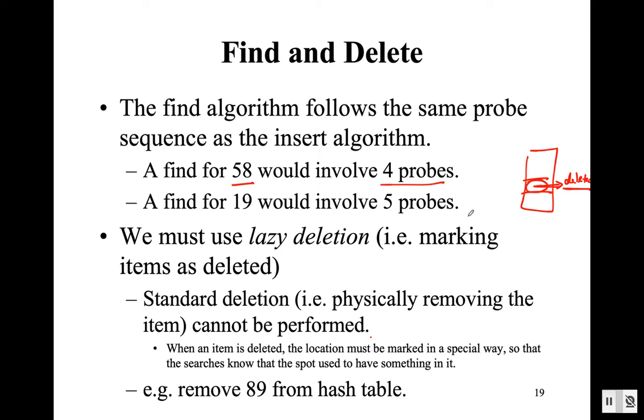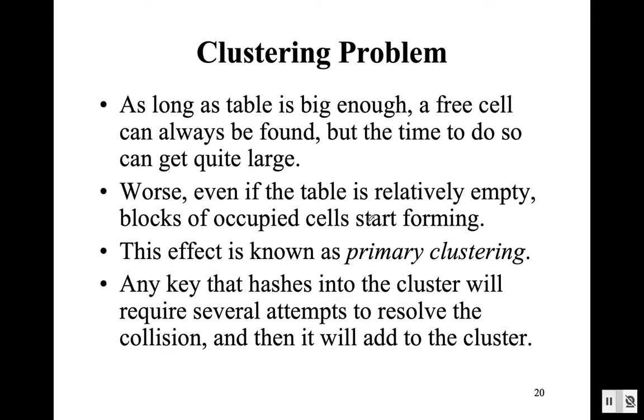So when we insert a new value, the insert function will find this cell empty, so it can insert a new value in that cell. The purpose of lazy deletion is that we do not entirely delete the value from the cell; instead, we mark the cell as deleted.